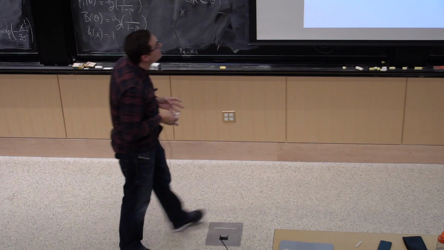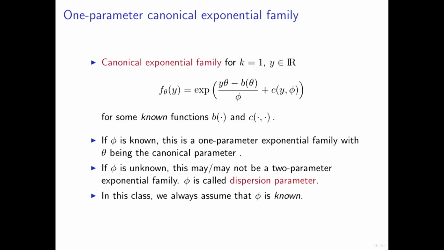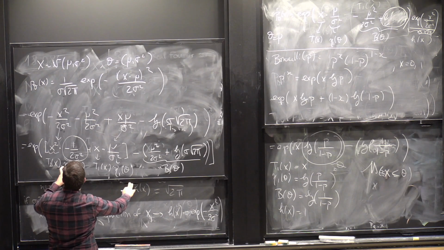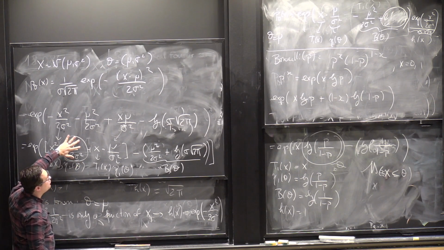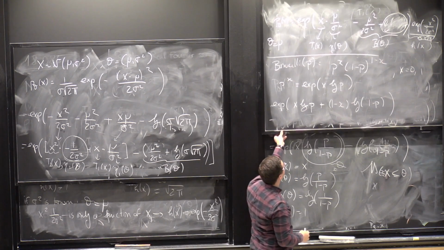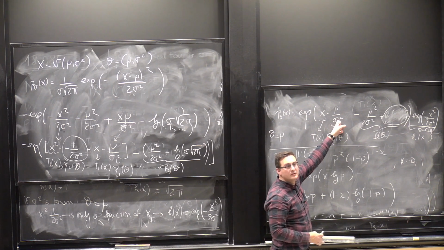So in the canonical exponential family, what I have is my x times theta. I'm going to allow myself some normalization factor phi, and we'll see that it's very convenient when I talk about the Gaussian. Even if I know sigma squared, I don't want to change my parameter to be mu over sigma squared.